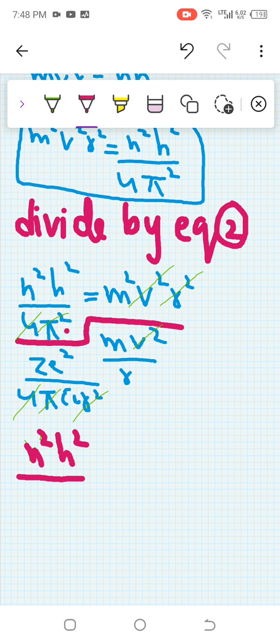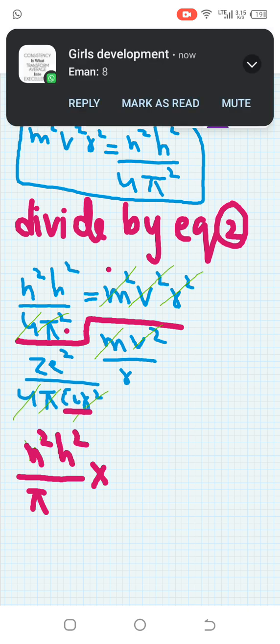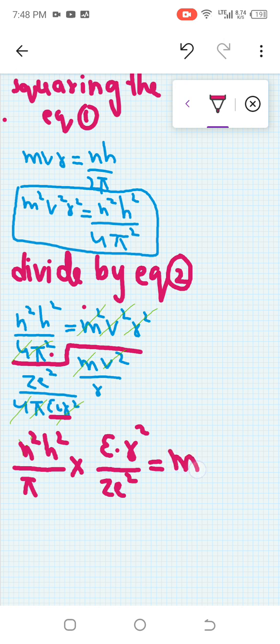Here 1 m is cancelled by 1 m, and only one m remains. Then this whole equation goes up, epsilon into r square upon Ze square is equal to mv square and r square.